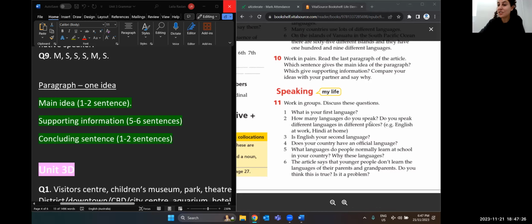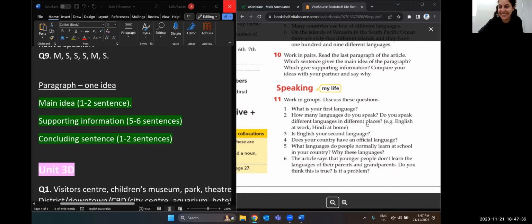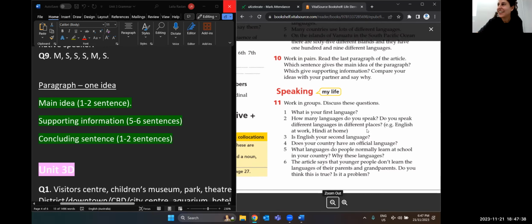How many languages do you speak? One and 1.5? So you could say English is 1, you can count 1. So you all speak 2 languages, minimum.